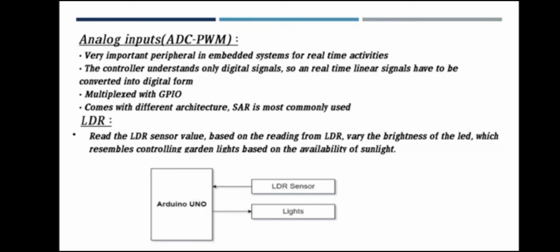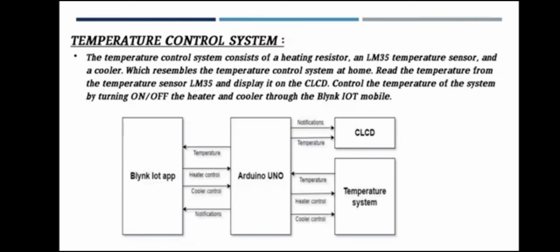The LDR, light dependent resistor, reads the sensor value, and based on the reading from the LDR we vary the brightness of the LED, which resembles controlling garden lights based on the availability of sunlight.